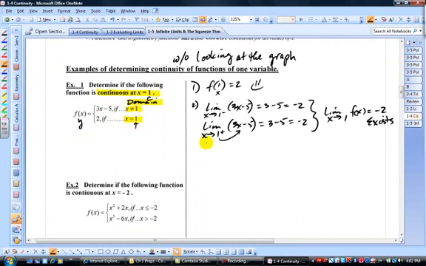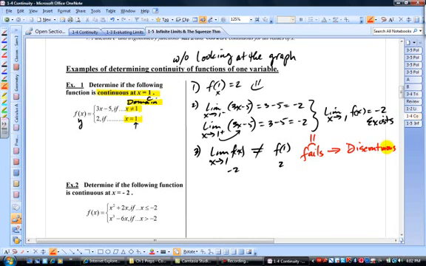Which means that in condition 3, the limit of the function as x approaches 1 does not equal f of 1. Because this right here is negative 2 and this is positive 2. They're obviously not equal. So condition 3 fails. So this fails, not good, and that implies discontinuity at 1.